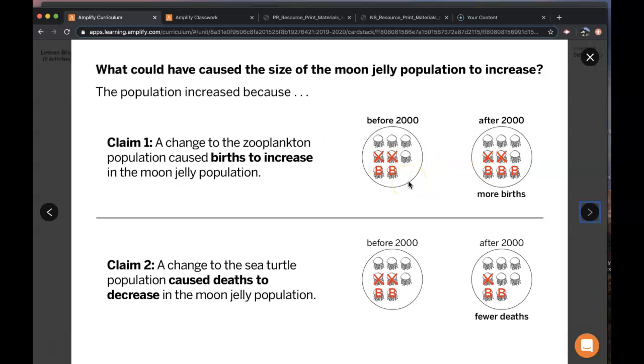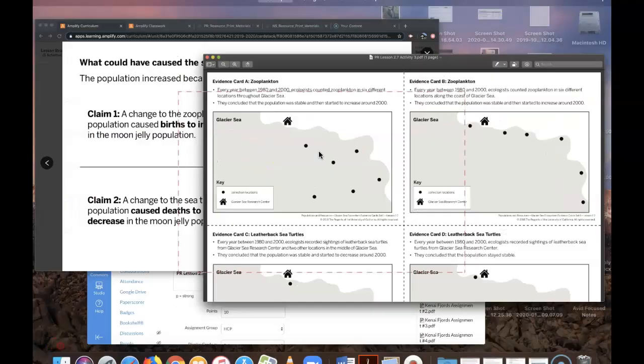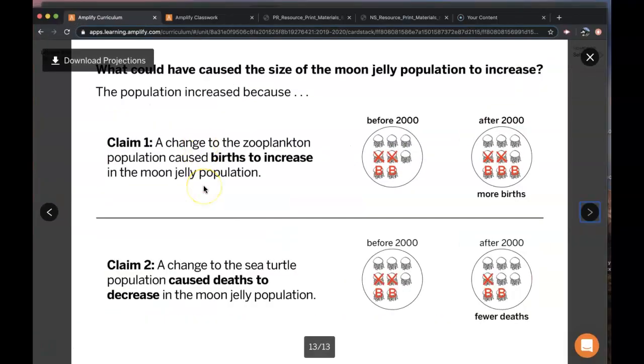So let's talk about claim 2. So real quick, card A and card B both support claim 1. If we look at claim 2, we were trying to see, does any of this evidence show that the sea turtle population caused deaths to decrease in the moon jelly population? So are there fewer sea turtles?